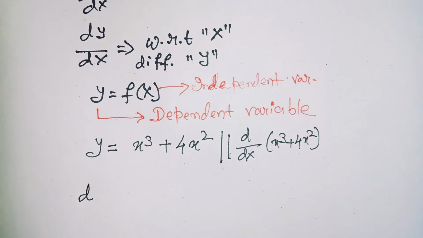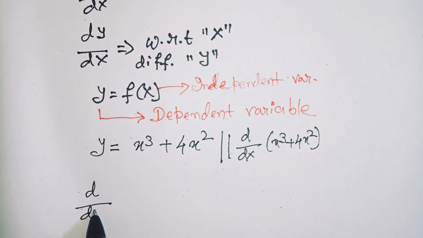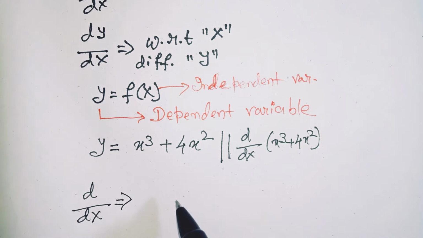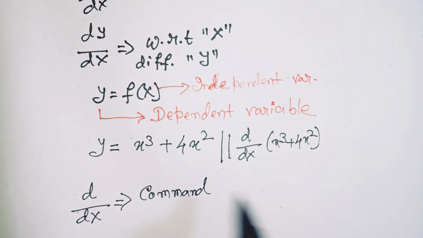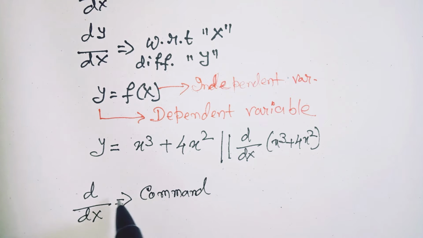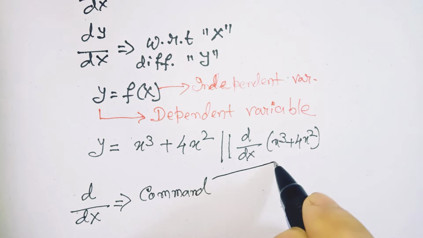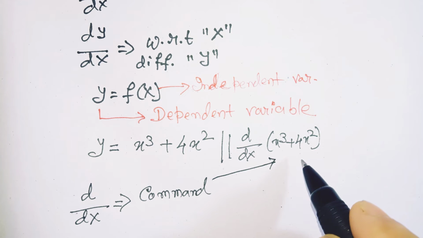When I say d by dx, it actually expresses a command. It is like a verb. Here it is saying find the derivative of x cube plus 4x squared.